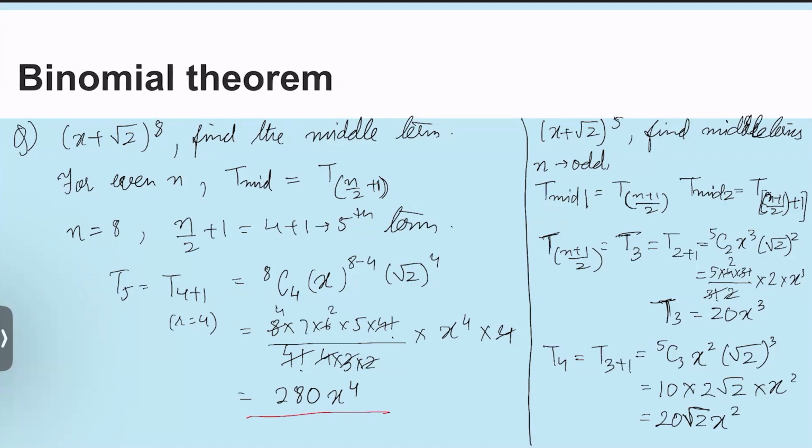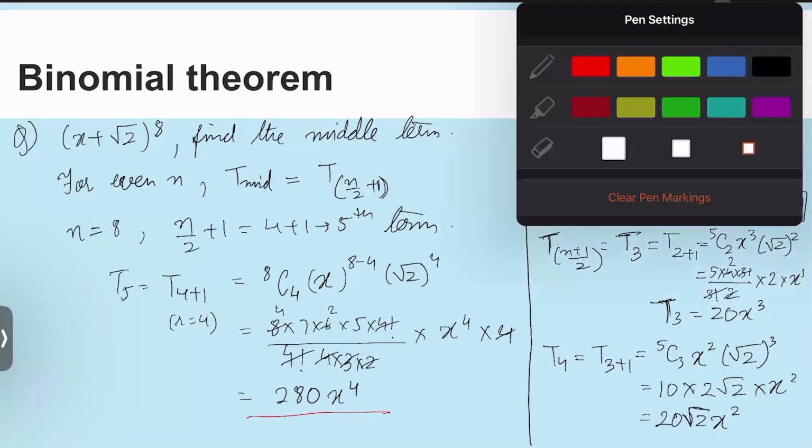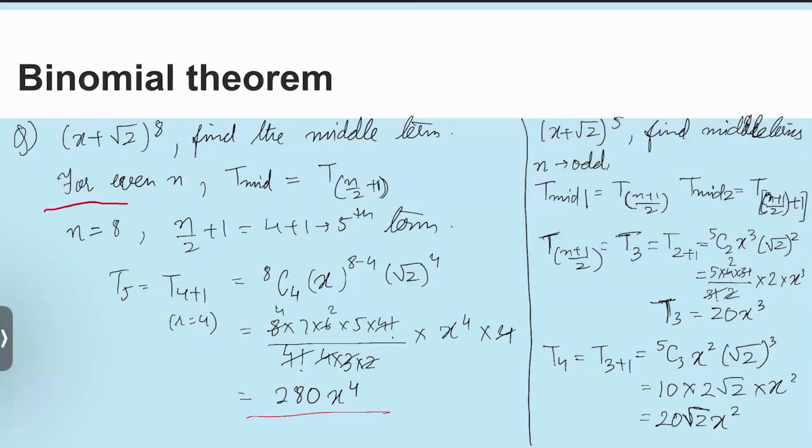Okay, so you see that by knowing these two related formulae, it is easy for us to find the middle term for any expansion. However long your expansion is, it's very easy to find. So we will end here today, and this is also the end of the binomial theorem chapter.